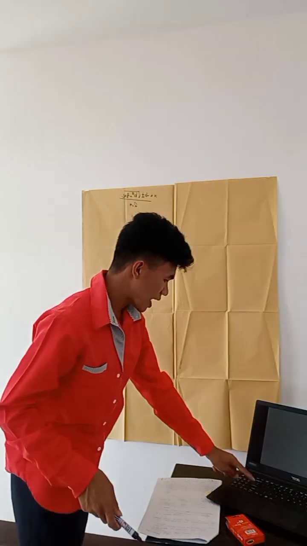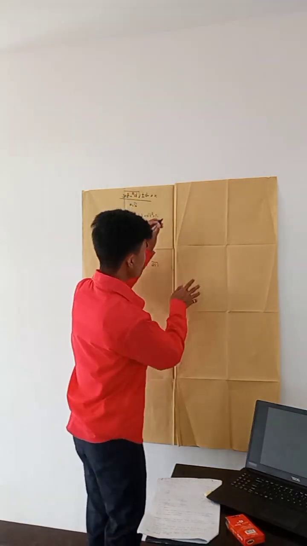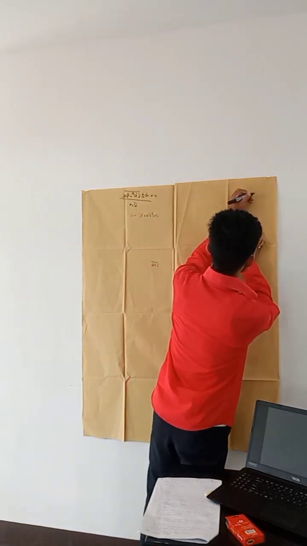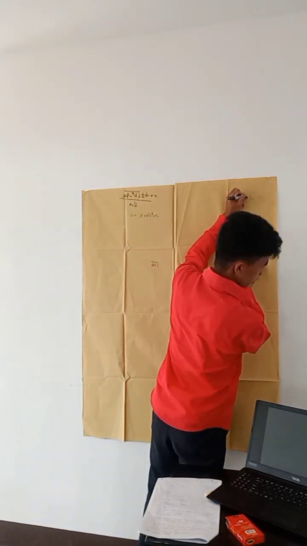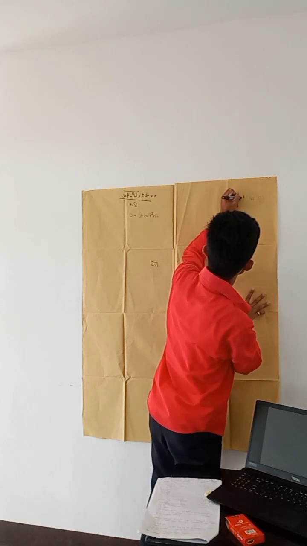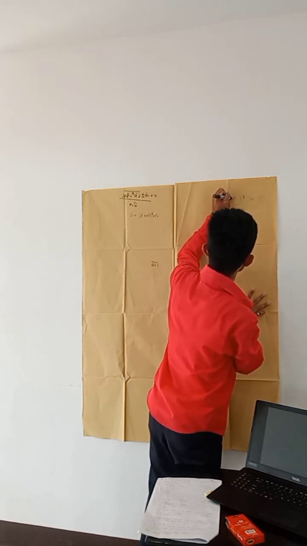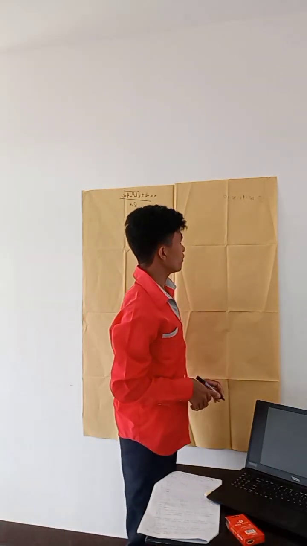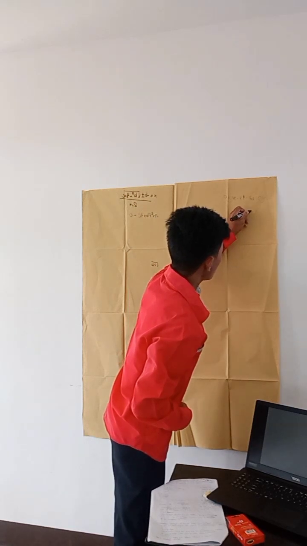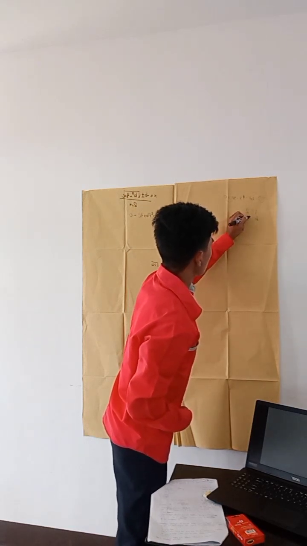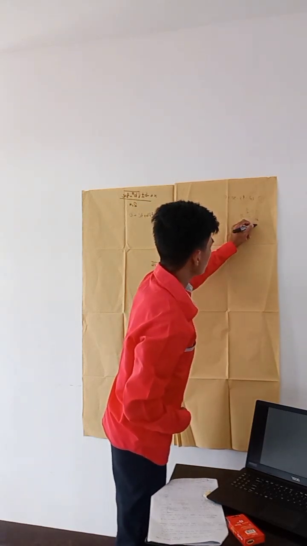Okay, let's have an example. The first example is 2x squared minus 4x minus 30 is equal to 0. The first step, what is it? Identify the value of a. What is the value of a? 2. b? Negative 4. How about c?